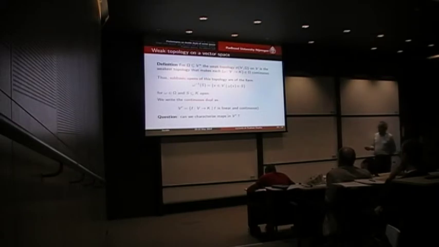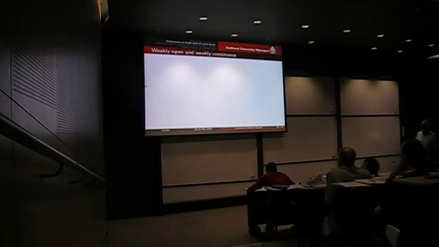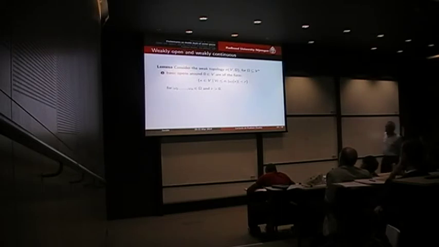In order to do this, we have to understand the topology a bit better. What is this sigma V omega topology? There is a basic lemma that says the basic opens in this topology around the origin are of this form.